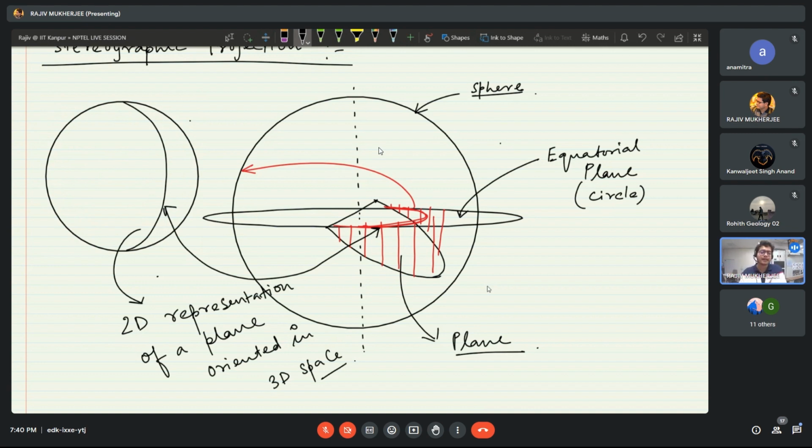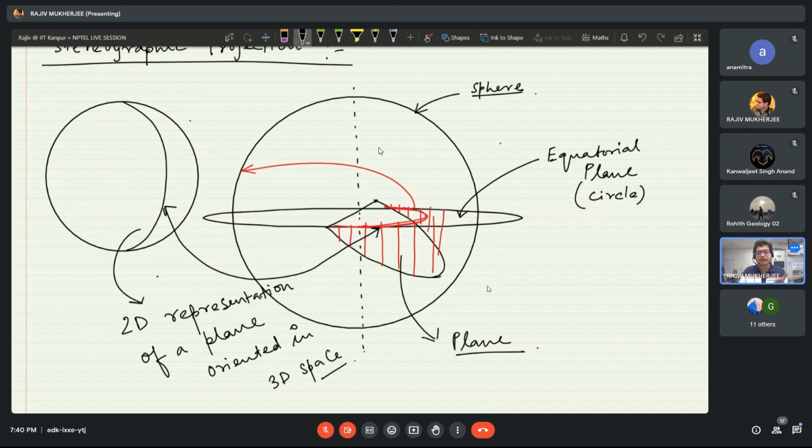So this is basically a projection of a plane. If a plane lying in three dimensions is projected on a two-dimensional space, of course it would give us a line, right?